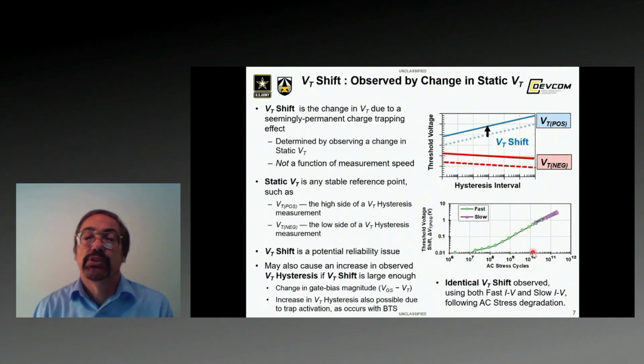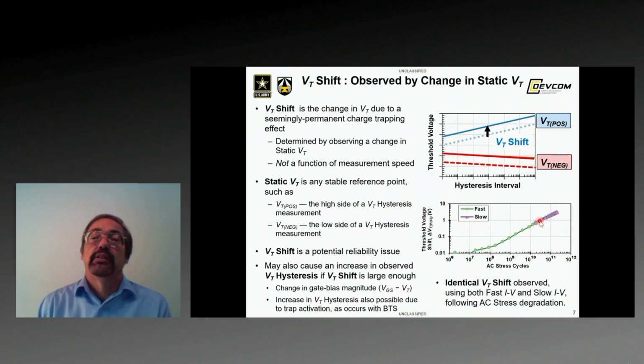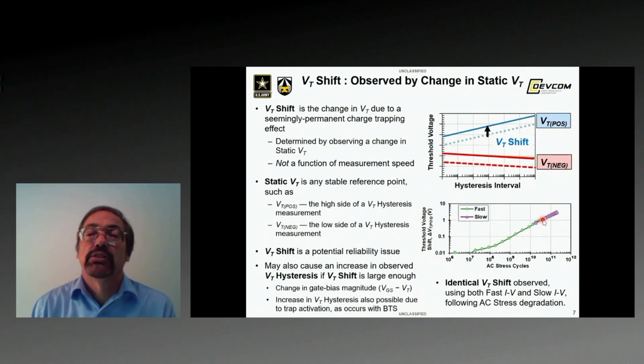In the bottom right, I'm showing again that we see an identical VT shift using both fast and slow IV measurement techniques, because the VT shift is due to a fixed type of charge, and therefore it's measurement speed independent, whereas the hysteresis is very strongly dependent upon measurement speed.